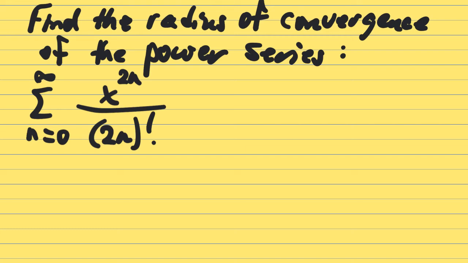Just like the last example, I'm going to do the limit as n goes to infinity. And because I don't have room on this slide to do a complex fraction, I'm going to do the n plus 1 term times the reciprocal of the original.